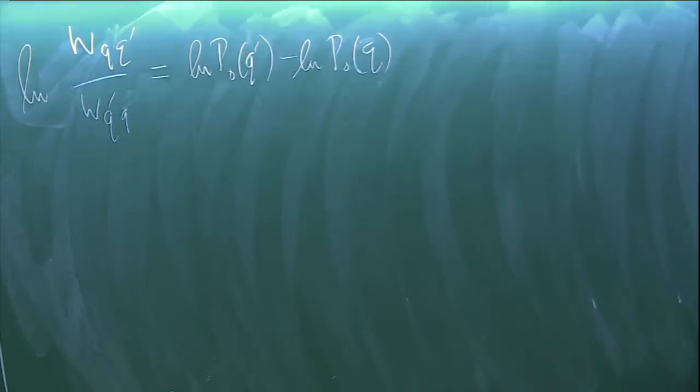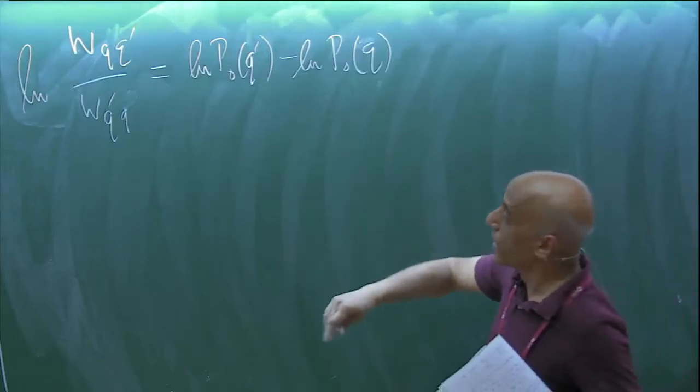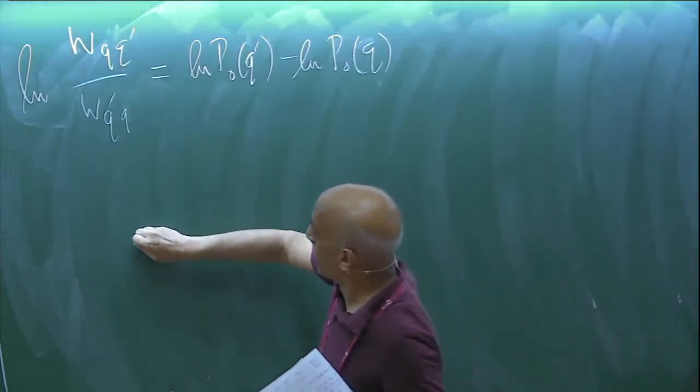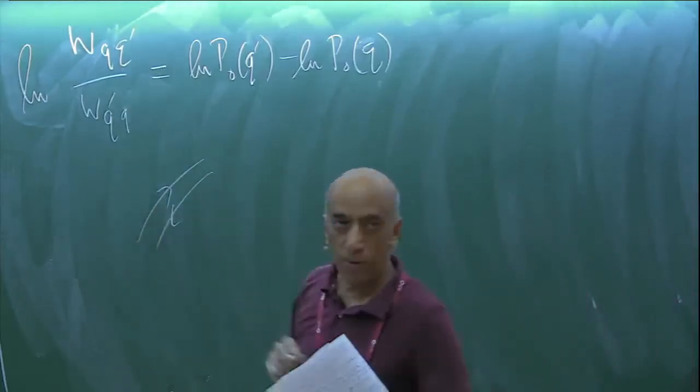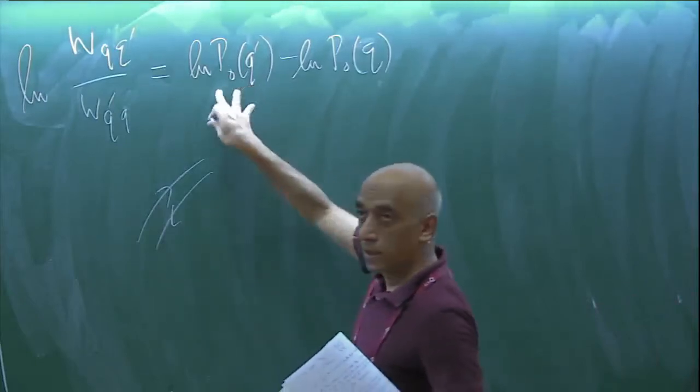Yes? All I'm saying is that this condition, rewritten through these two elementary manipulations, is saying that the ratio of the transition probability this way and the transition probability that way is the difference.